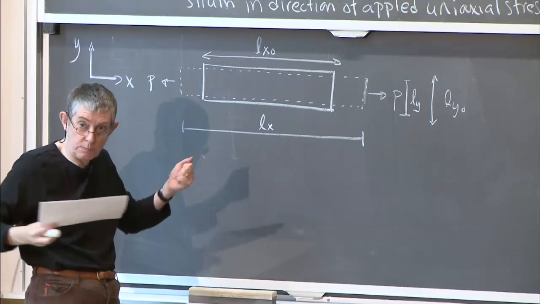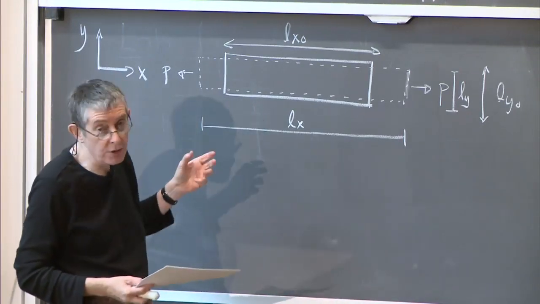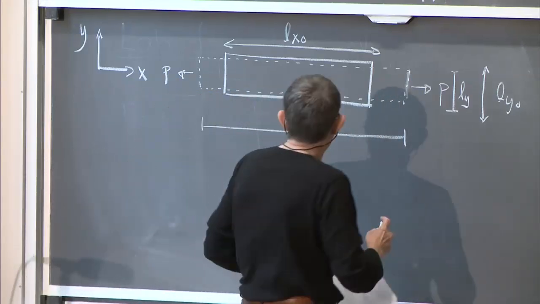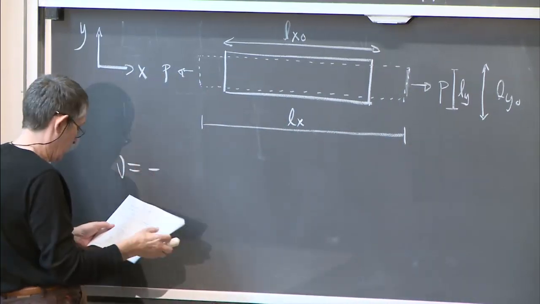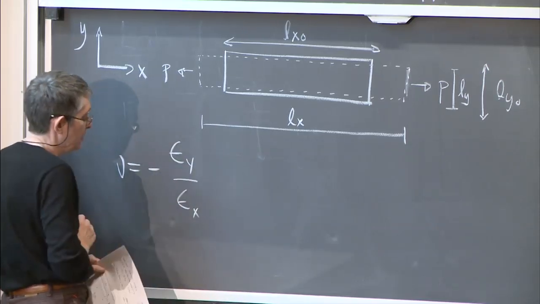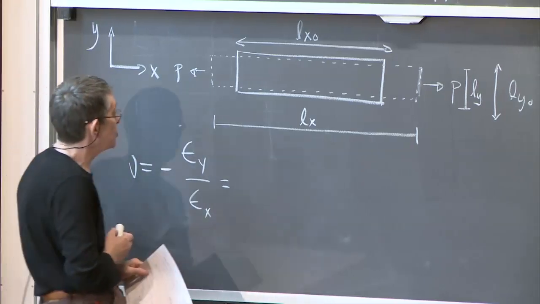So the idea is as I pull the bar, it's going to contract sideways, and the strain in the y direction is going to have the opposite sign of the strain in the x direction. So here, my Poisson's ratio is then going to be the ratio of the strain in the y direction relative to the x direction.